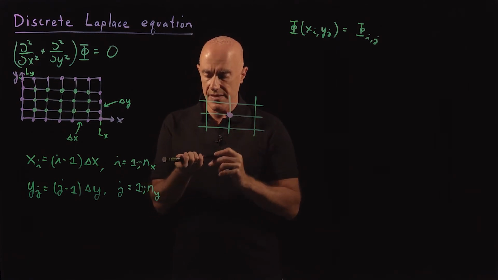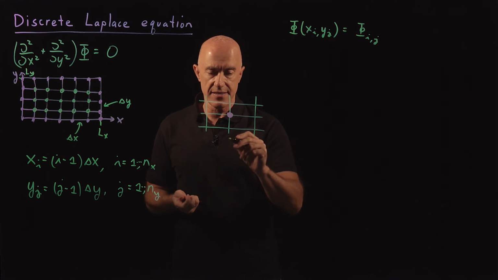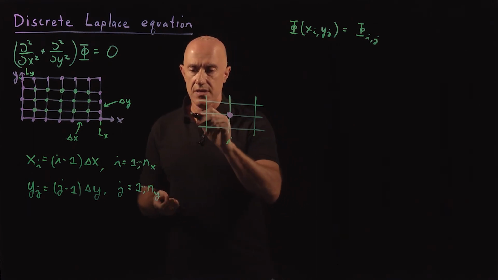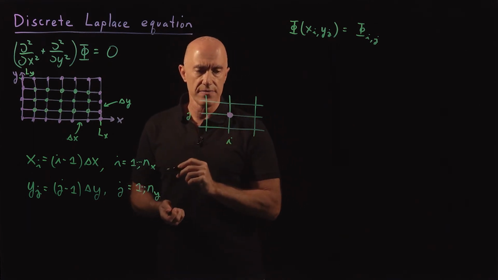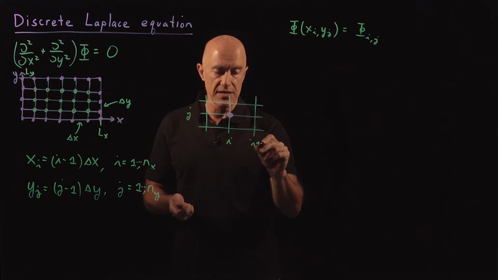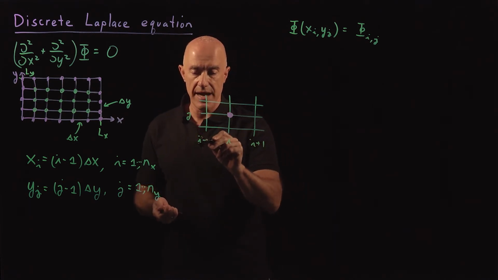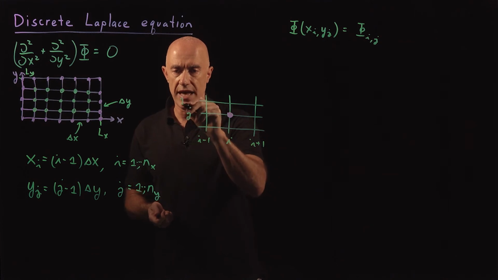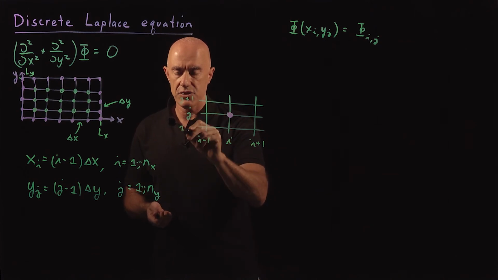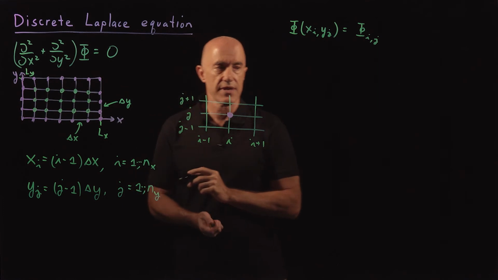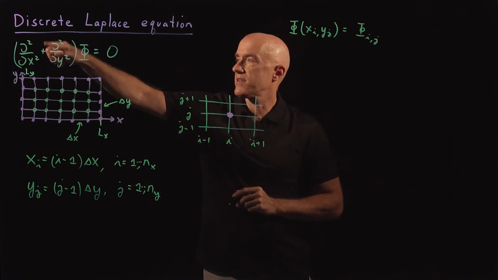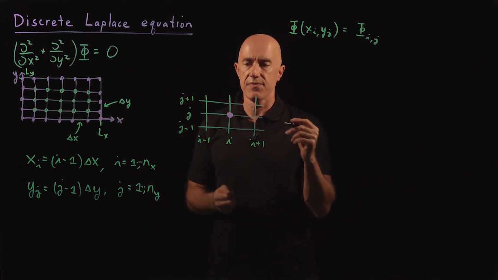So this will be the x-axis. This is the i value. This is the j value. So this will be i plus 1, i minus 1. This will be j plus 1, j minus 1. Okay? We want to then convert these derivatives.